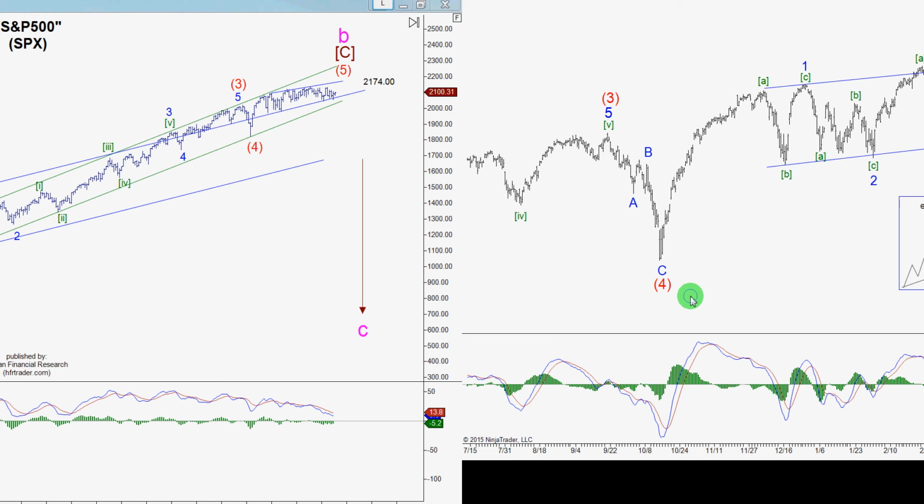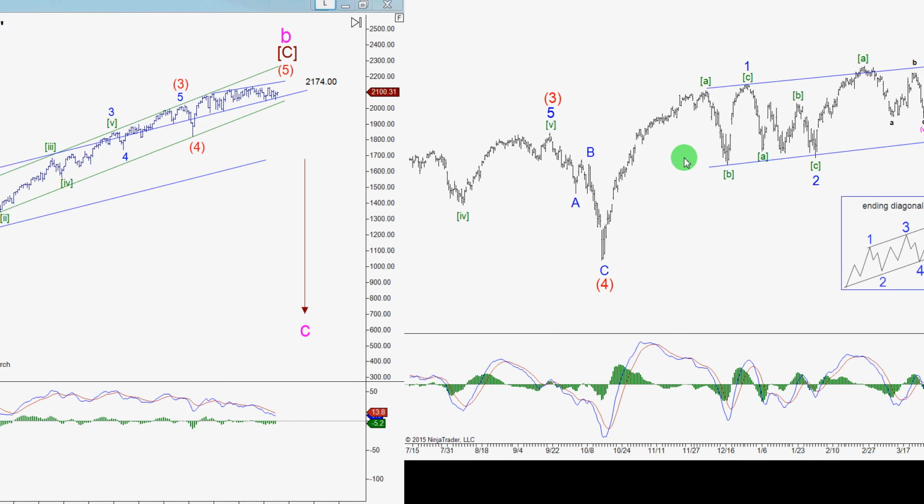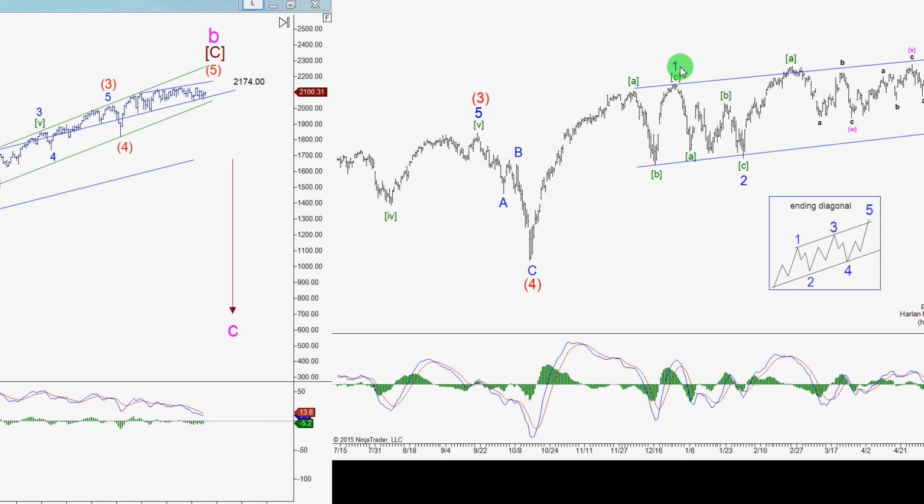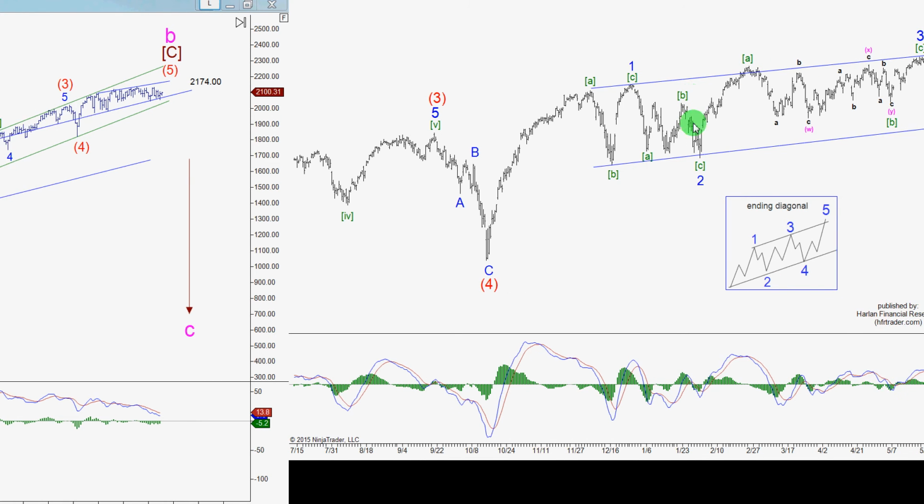So we count 3 waves of wave 1: wave A, wave B, and wave C. And minor degree is subdivided at the minute degree, which is the green letters in the brackets. This is both of the December highs last year. And then we started a three-wave correction, A, B, C, for minor wave 2.